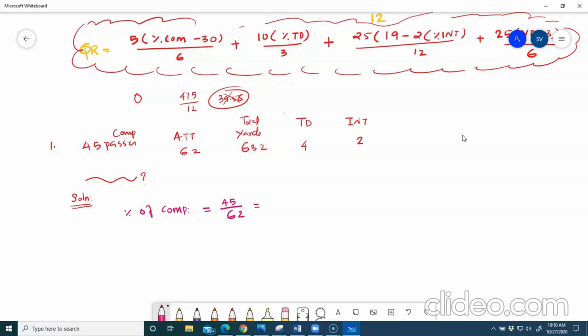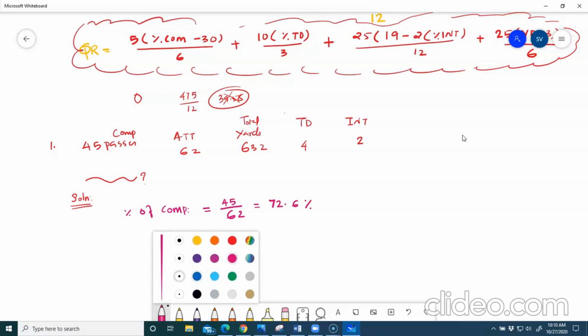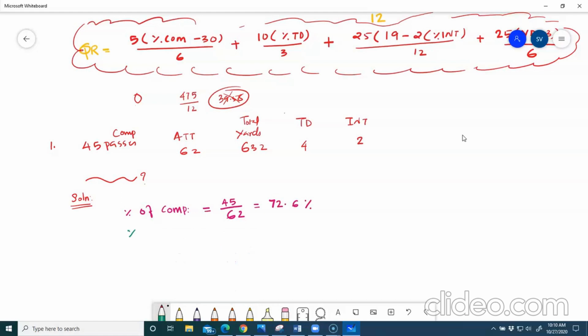Converting this into a percentage, it comes to around 72.6 percent. Next we calculate the percentage of touchdown passes. The touchdowns are 4 and the number of attempts is 62. Changing it into a percentage, it comes to 6.5 percent.